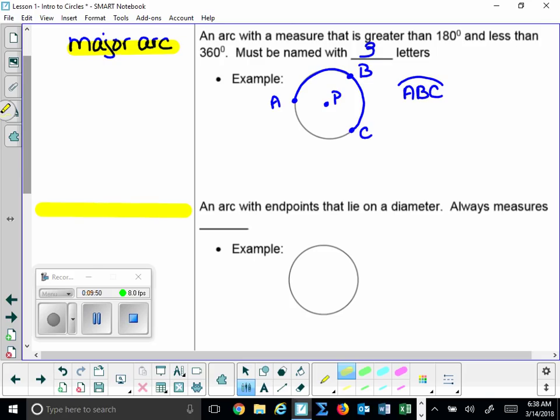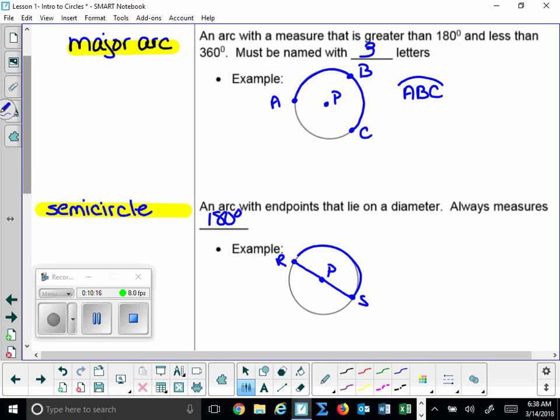All right. Our last possible option is an arc that measures exactly 180 degrees. And that means, let's do RS. If it measures exactly 180 degrees, we're talking about a semicircle. If your arc measures exactly 180 degrees, you are talking about an arc whose endpoints are on a diameter.